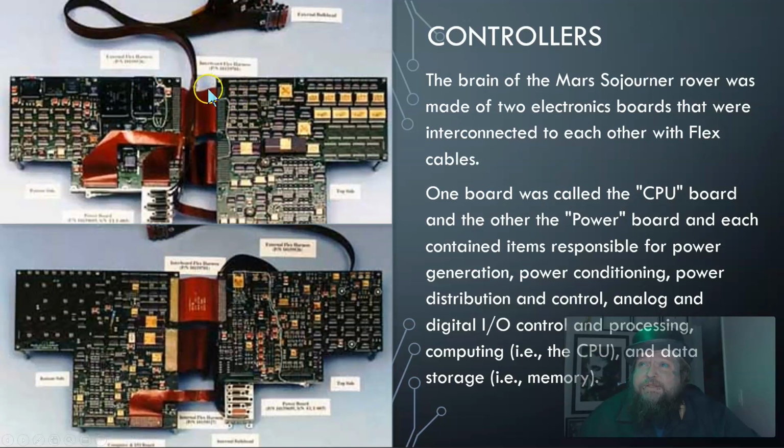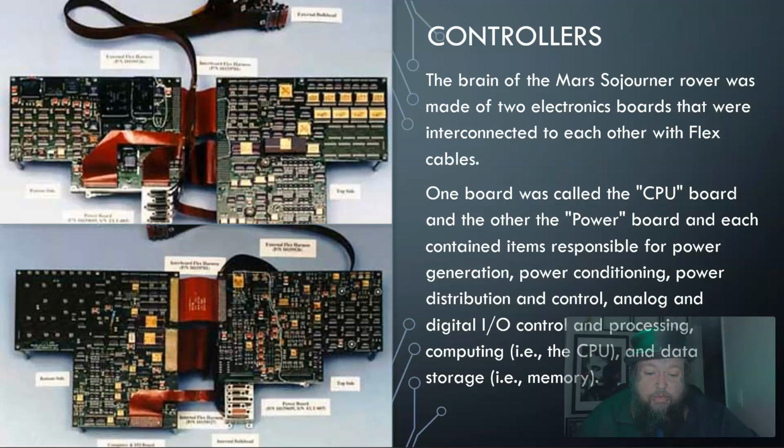Like these thick cables, there's a whole bunch of little individual wires or lines that then allow for the transmission of signals of on, off, power, no power, and having that communication. And this is needed when it comes to specific requirements that are broken down for the overall robot that you're working with. So in this case, one board is called the CPU, the central processing unit that's executing everything for the robot.